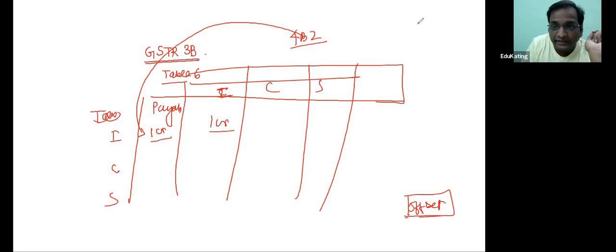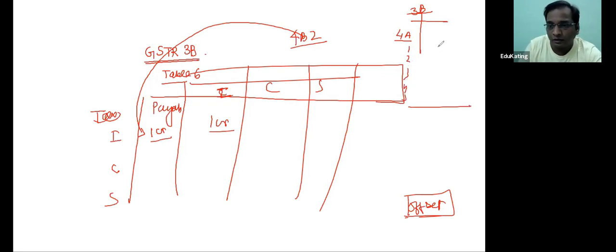Please recall the GSTR 3B. There is the first table, I'm talking about with respect to ITC only. Table 4A, 1, 2, 3, 4, 5, the total. I'm talking about IGST.